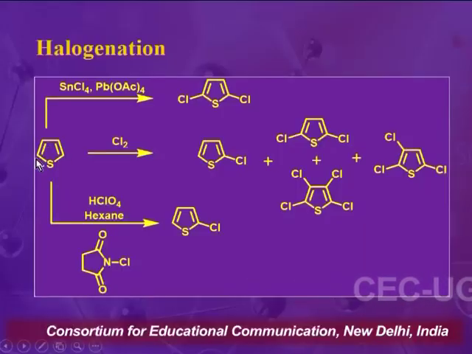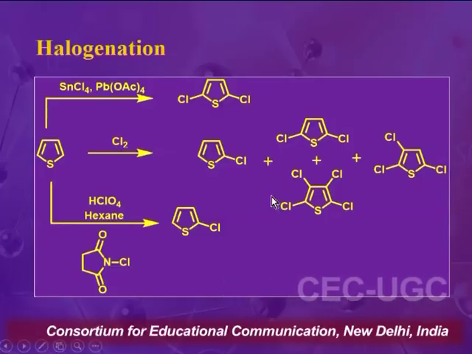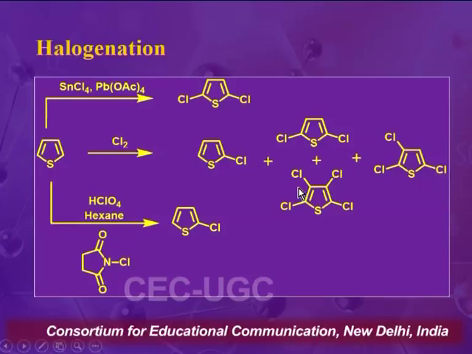Like you can see in this slide, when we have thiophene and we want to do chlorination with chlorine molecule, then it will produce a mixture of products. The mixture of products will contain 2-chlorothiophene, 2,5-dichlorothiophene, 2,4,5-trichlorothiophene, and 2,3,4,5-tetrachlorothiophene.